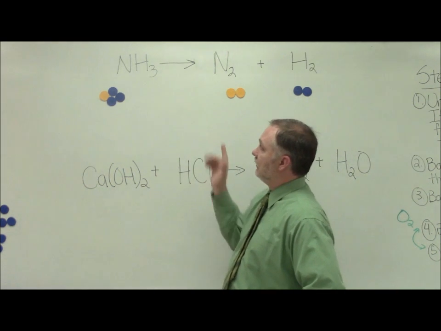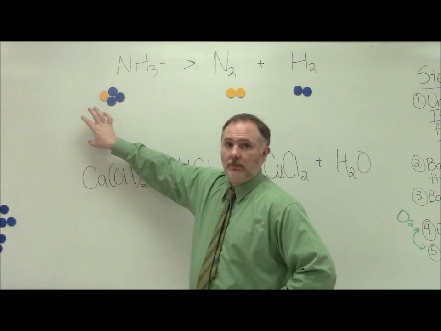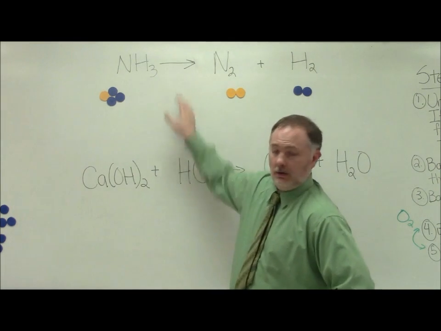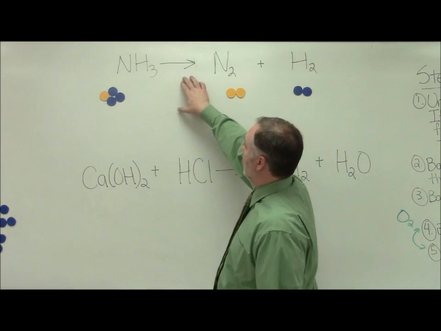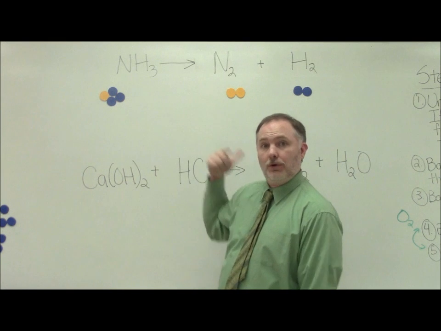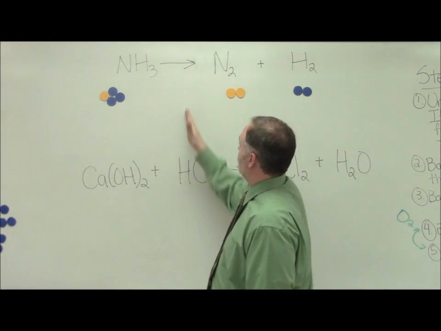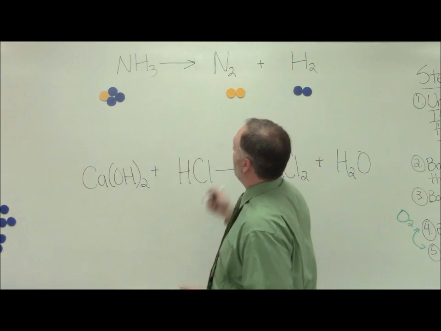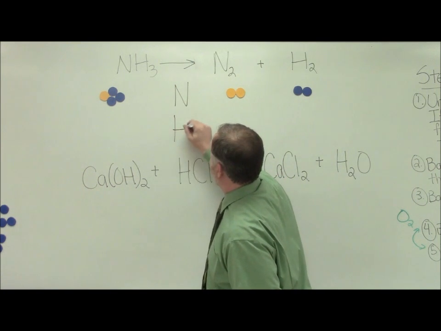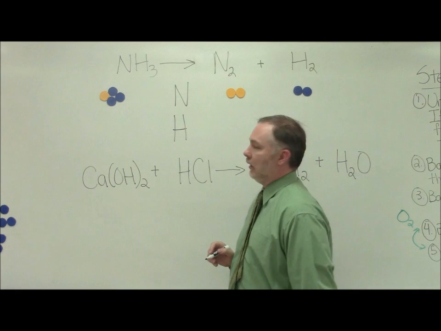What I do, as opposed to writing down the atoms on this side and the atoms on this side, I find my arrow. And I write down all the atoms that I want to balance, and I do it in the order of my steps. And I just do it right here in the middle. I would do the nitrogen first and the hydrogen last here, okay?